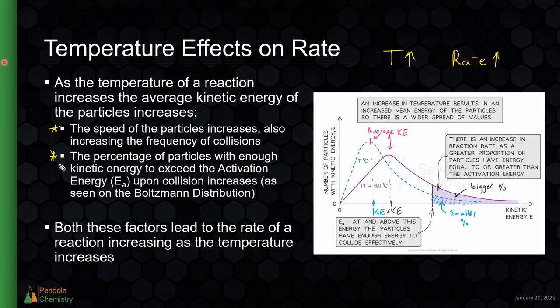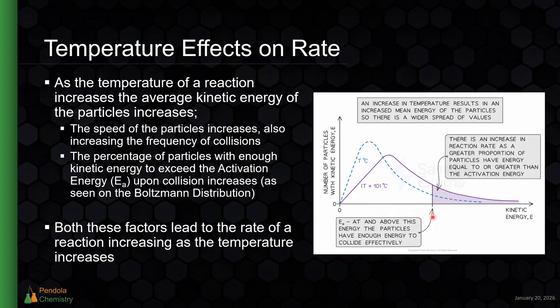And because more of those particles are above the activation energy when they crash, we get more successful collisions, and therefore the rate goes up. So this is how we explain the relationship between temperature and rate according to the Boltzmann distributions and collision theory.